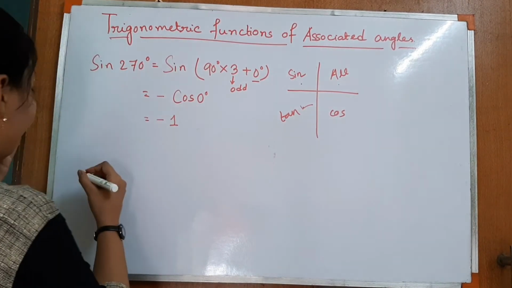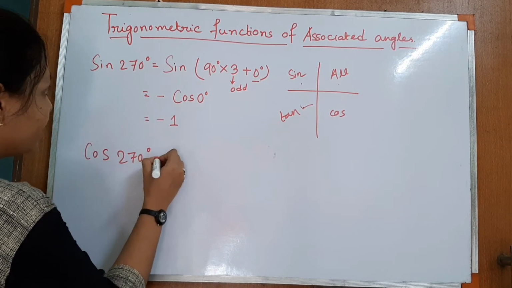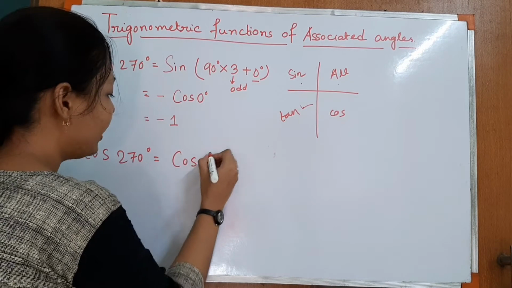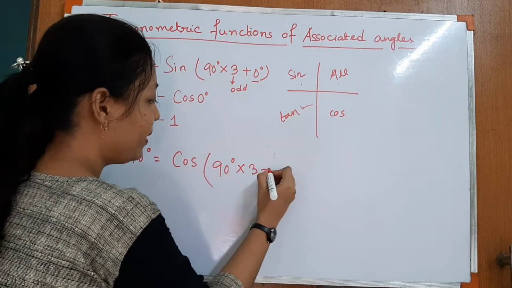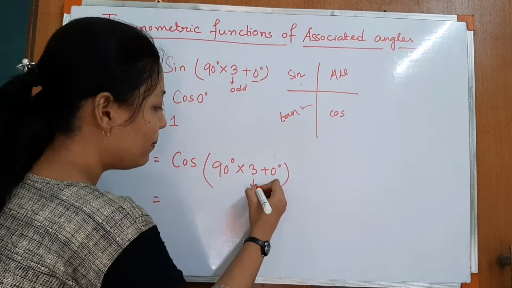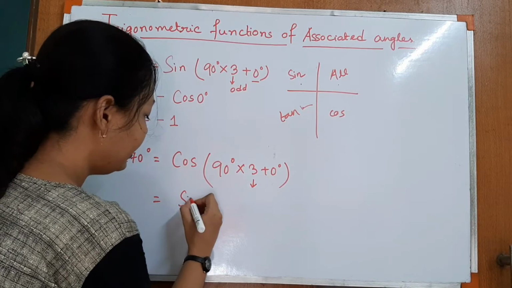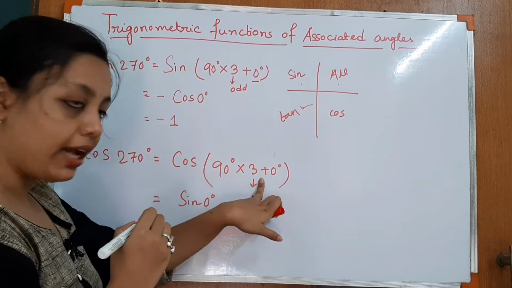Now we find the value of cos 270 degree. First we write cos, next we write 270 degree as a multiple of 90 degree, that is 90 into 3 plus 0 degree. Here also 3 is an odd number, so cos is transformed into sine and we write 0 degree. Now we have to count 3 times.